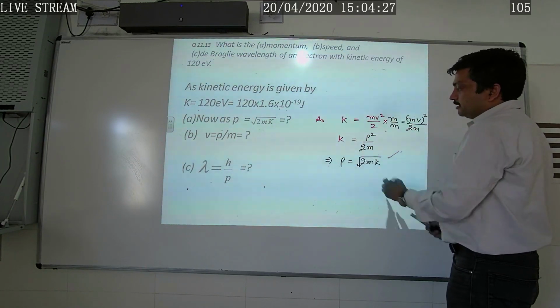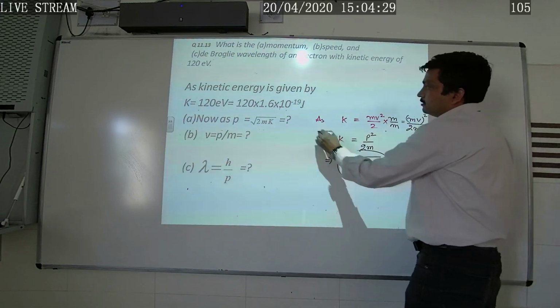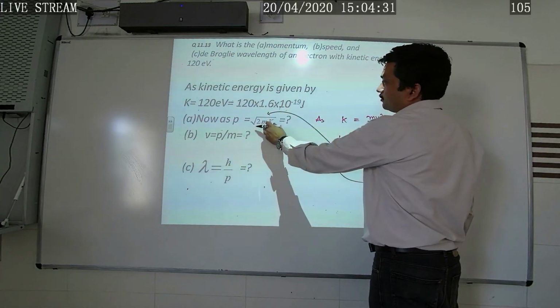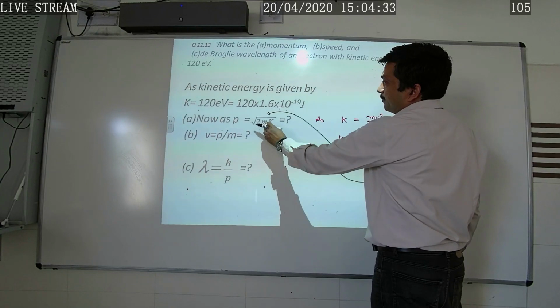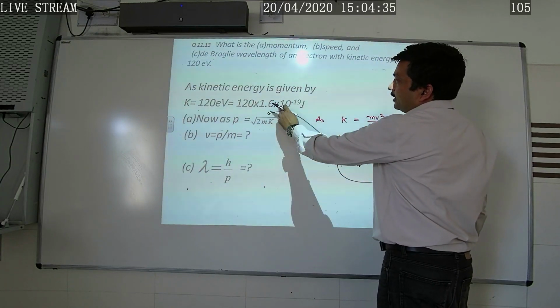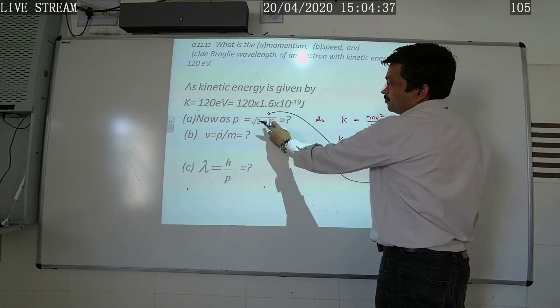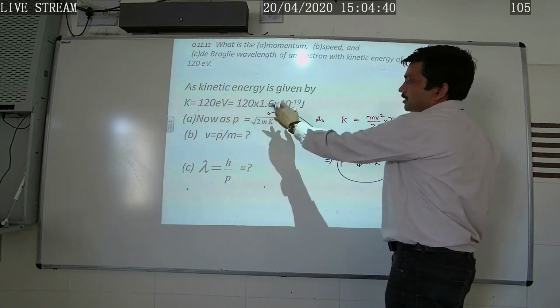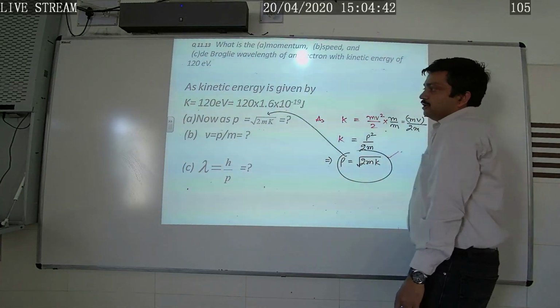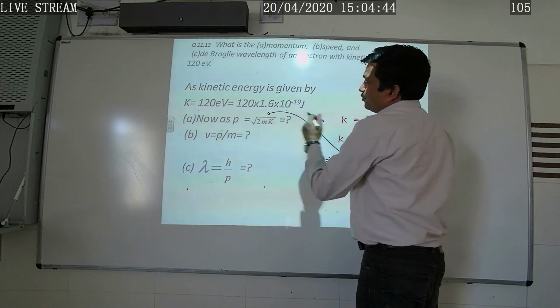That's why here we have written that the momentum of the electron will be root of 2mk, where the value of k is this much, and m is the mass of the electron. So simply by putting in the values you can calculate it. Further, speed.